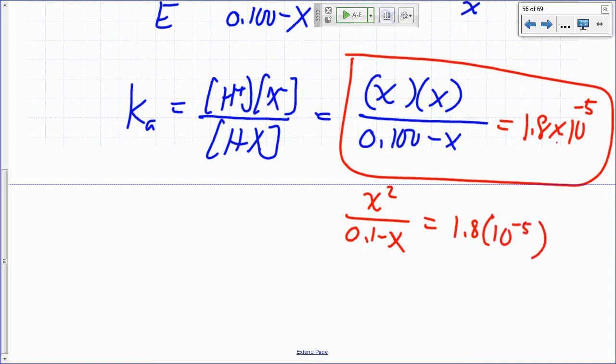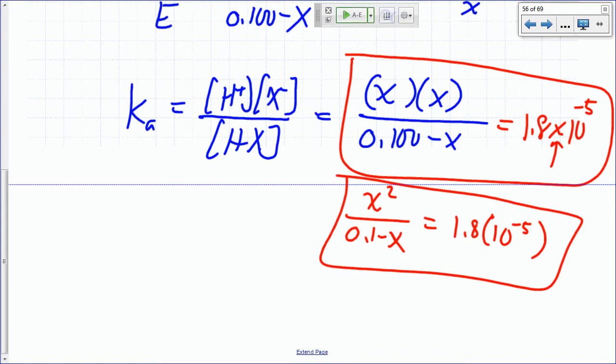I'm going to write it this way so you don't confuse that times with X. You can use a quadratic equation, but you can make a simplification. Given that this is small, you can assume that 0.1 minus X is essentially going to be 0.1.